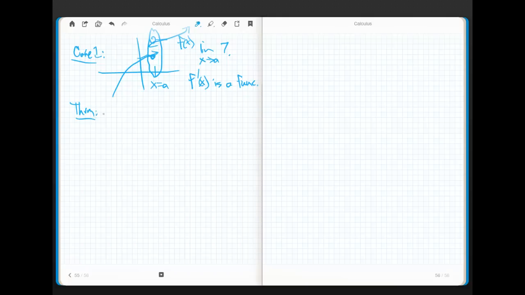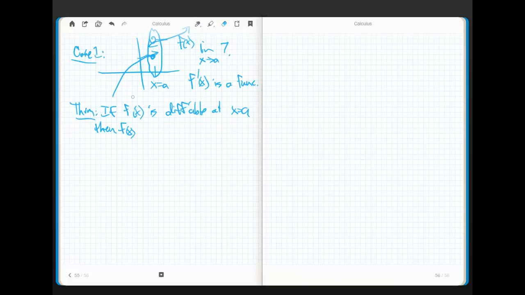And the theorem simply says, if f of x is differentiable at x equals a, then f of x, whoops, did I write f prime of x? Sorry guys, I meant to write f of x.